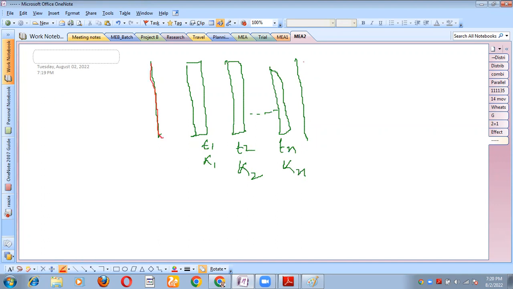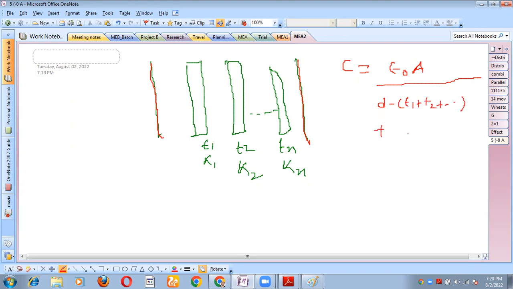Like this is one plate. So the same result can be extended, and in this case the capacitance will be epsilon naught A divided by epsilon naught D minus, in place of T we will write T1 plus T2 and so on, so the denominator has T1 by K1 plus T2 by K2 and so on, plus Tn by Kn.